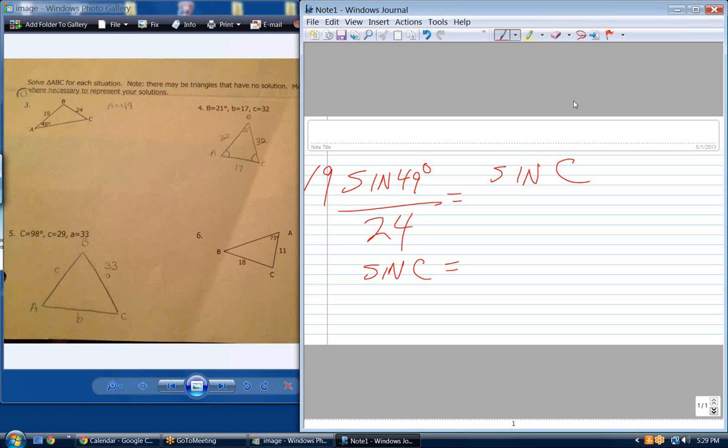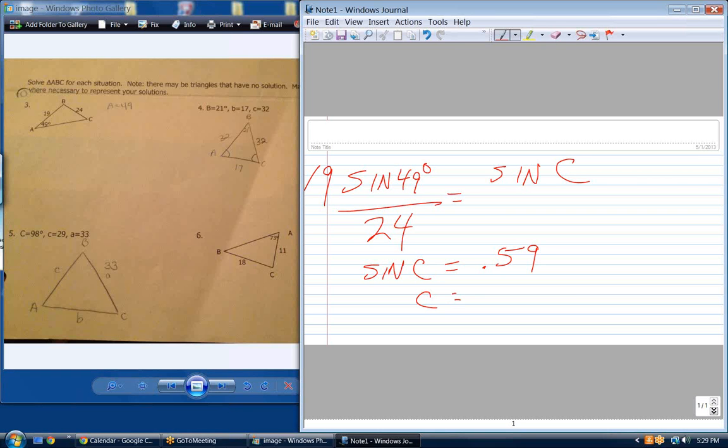Yeah, you want to hit the mode key. 0.59. So what is angle C equal to? We solved for sine of C. Now we still want to solve for angle C. How do we find angle C?